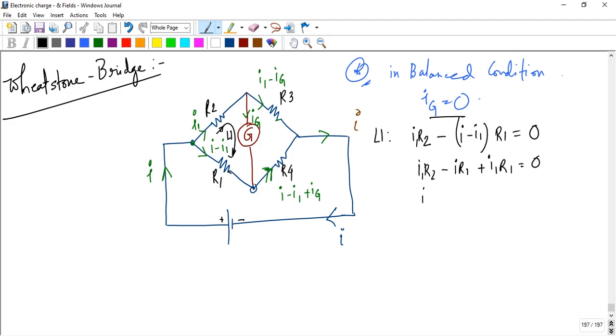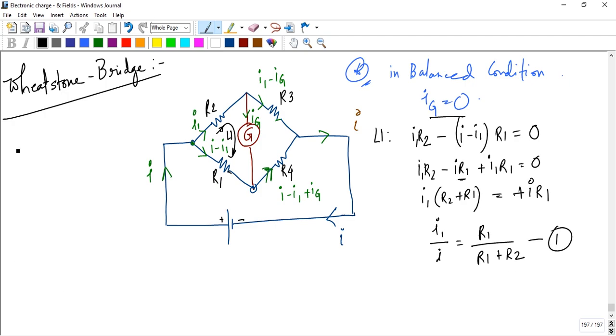I1 times (R2 plus R1) equals I R1. So I1 by I equals R1 by R1 plus R2. That's equation number 1.